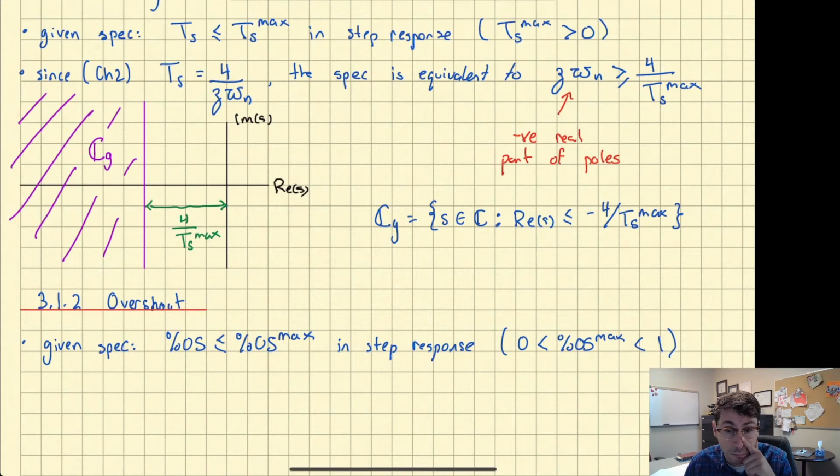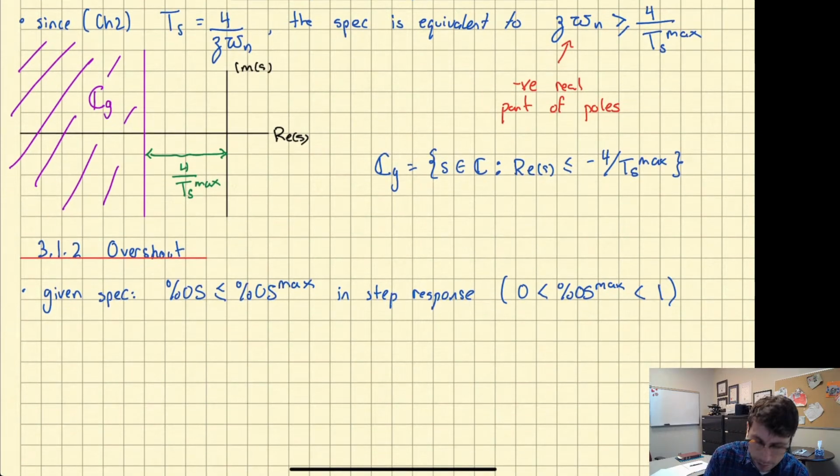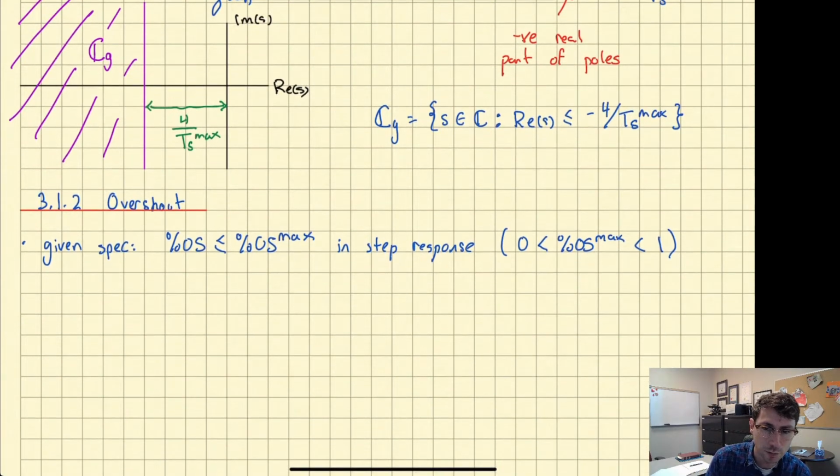And I remind you that when we write our percentages here, it's a number between 0 and 1. We don't allow 0 or 1 in the case of this spec. The overshoot depended on zeta, the damping ratio, and the damping ratio determines the angle of the poles, the argument of the poles. So we're going to convert this spec into a constraint on the argument of the poles.